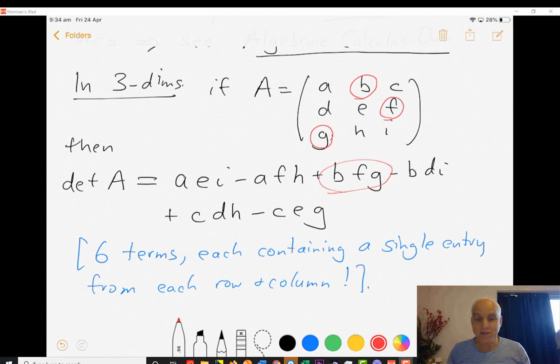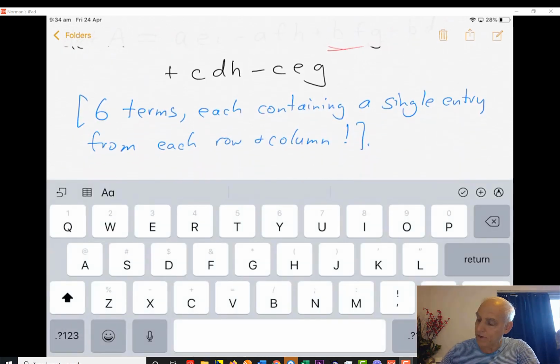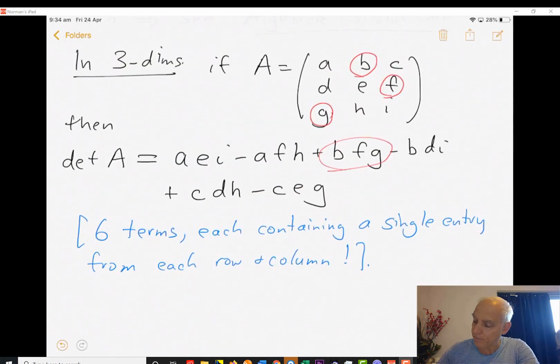And in fact, these are exactly all of the terms that you can cook up from the entries by taking products of elements with exactly one in each row and in each column. And it's not too hard to see that there's going to be, in general, 3 factorial of those. So there's 3 factorial terms.